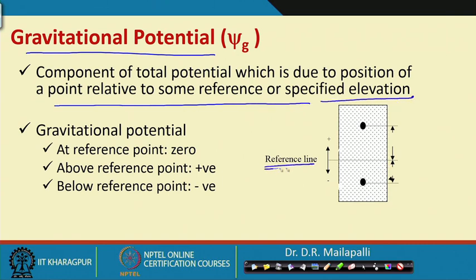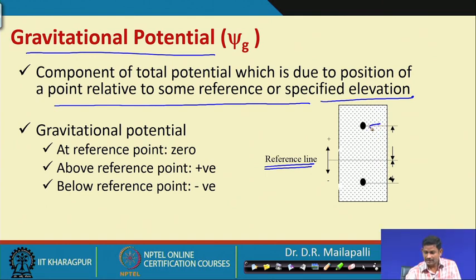Here this is the reference, suppose this is the soil stratum, and let us say the points A and B. So, this is the reference point, and from the reference point if you go up, that means this is the positive potential, and if you go down, this is the negative potential. What does it mean?